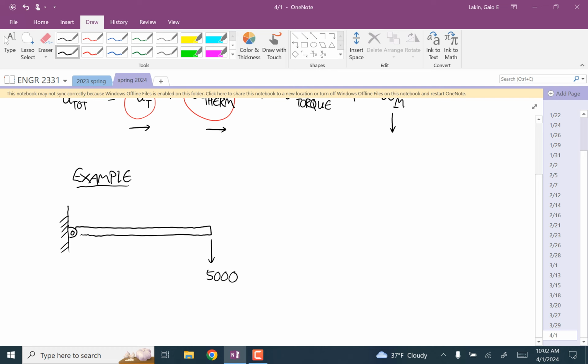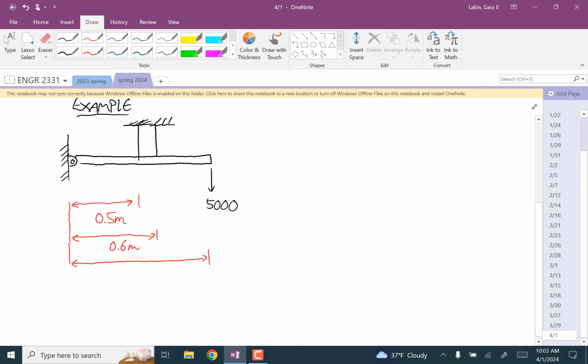And let's say that this bar is supported by a cable at the midpoint, and another cable, let's say at 0.6 meters away. And this whole thing is 1 meter.